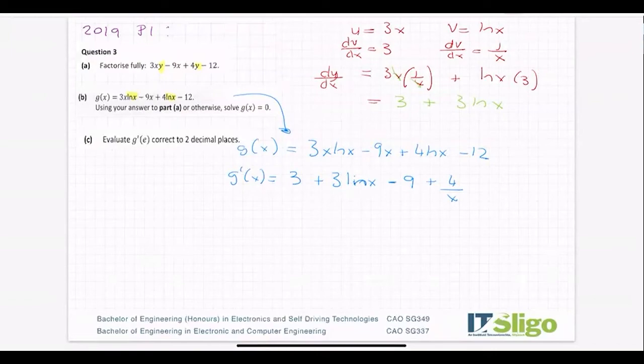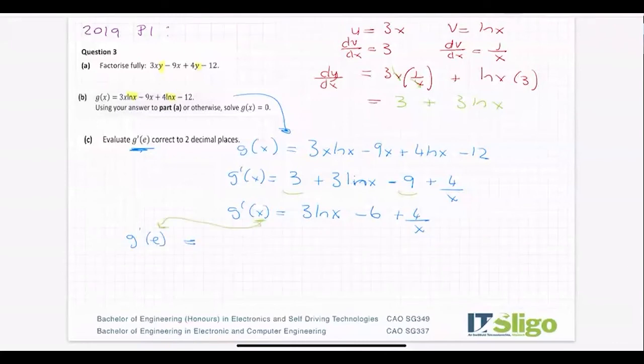Okay, so if I tidy it up, then I just have two numbers. That's about all I can do to tidy it up. 3 ln of x minus 6 plus 4 over x. I'm not even too bothered tidying it up because they've told me to figure out what g dash e is. Okay, so now just as before, x is being replaced by e.